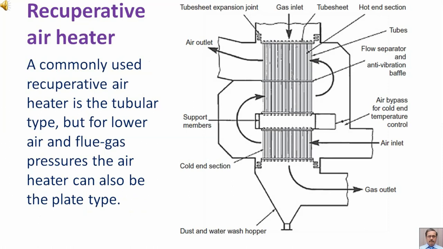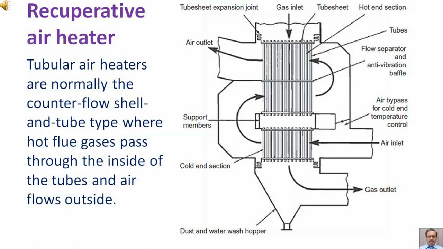A commonly used recuperative air heater is the tubular type, but for lower air and flue gas pressures, the air heater can also be the plate type. Tubular air heaters are normally the counter flow shell and tube type, where hot flue gases pass through the inside of the tubes and air flows outside the tubes.